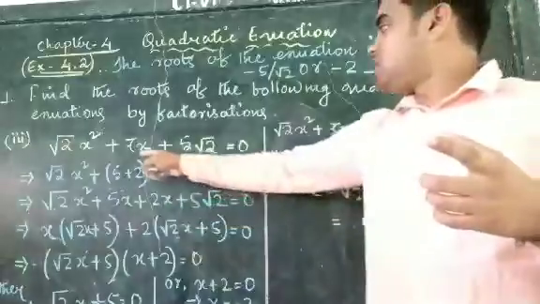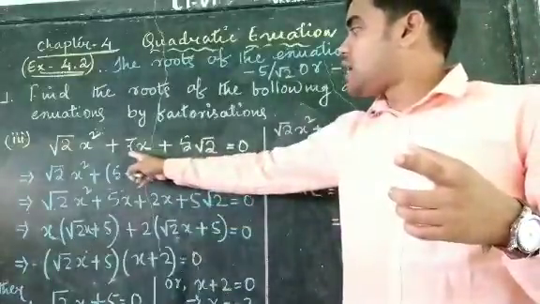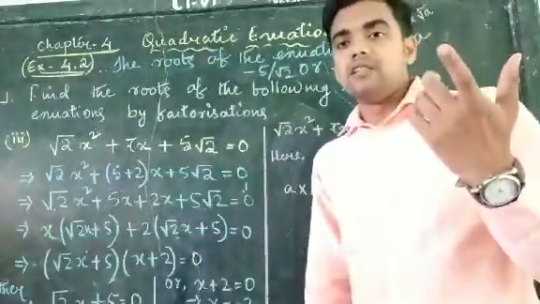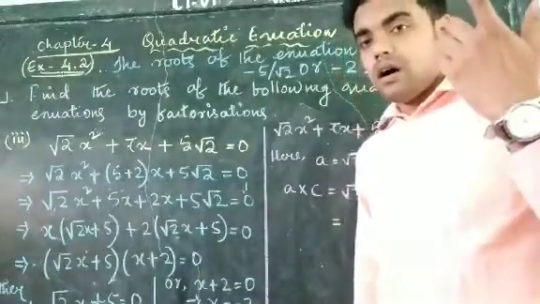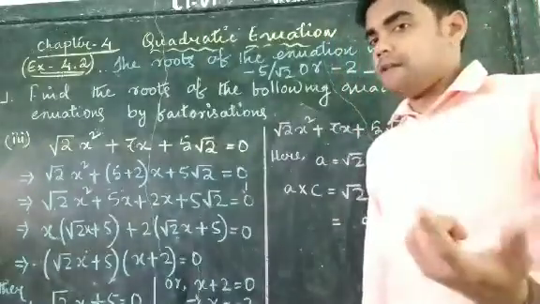In our equation, the middle term's coefficient of x is 7. That means we add the pair of factors and should get the answer 7.